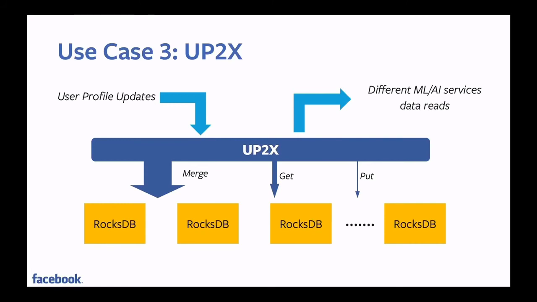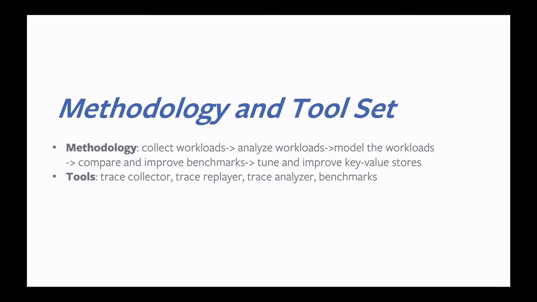So from now, we know that RocksDB is used everywhere, including Nebula's usage, but it's hard to understand what is happening inside RocksDB, what the workload is, and how we can improve the performance based on the workload. So we introduce a set of methodology and tools to address this issue.